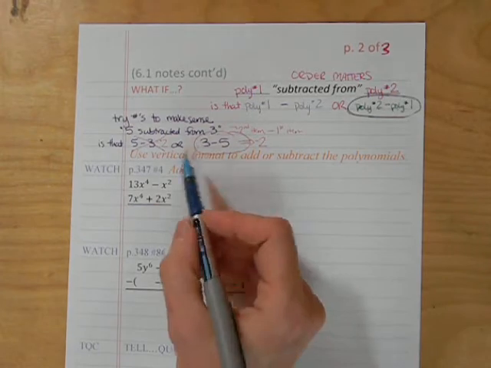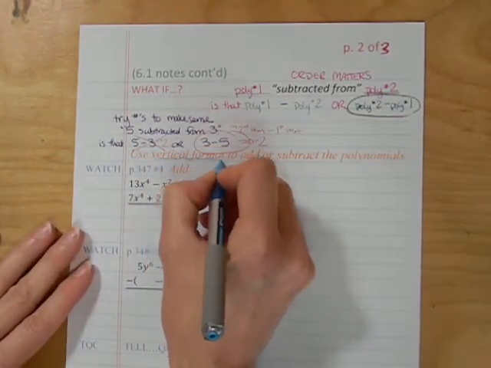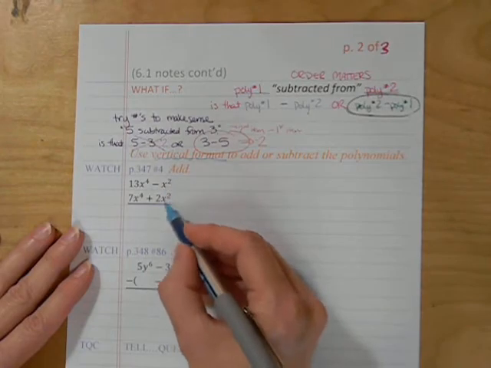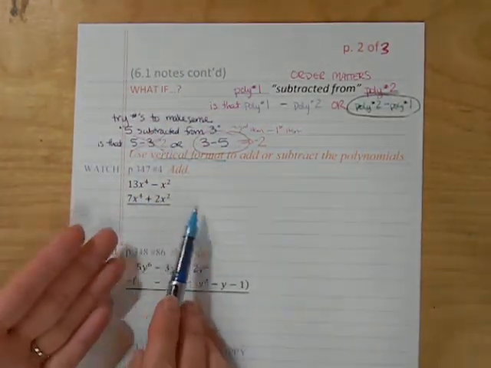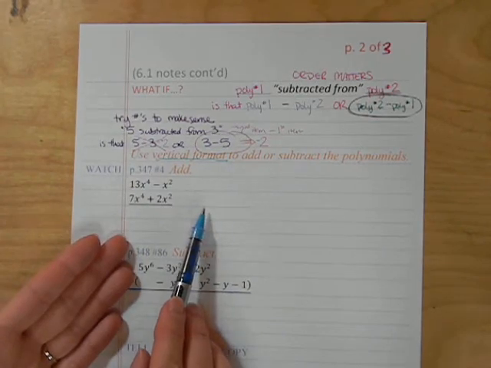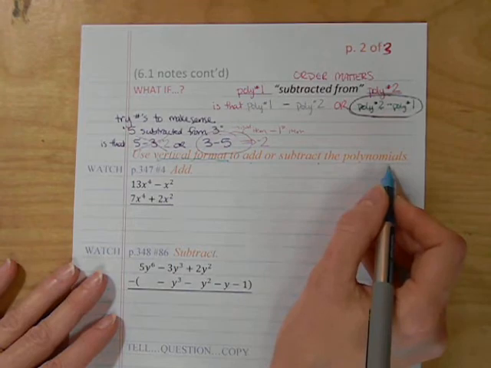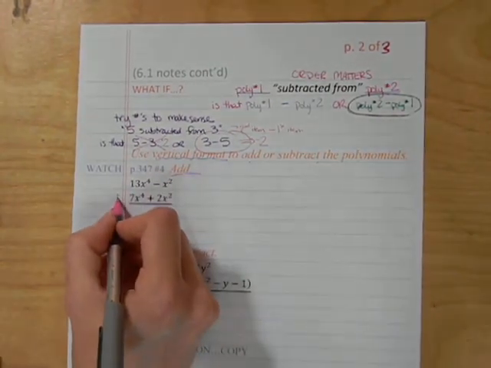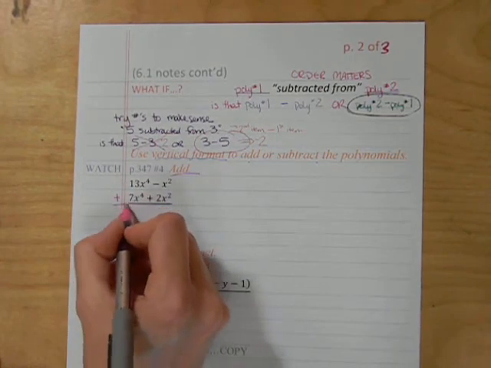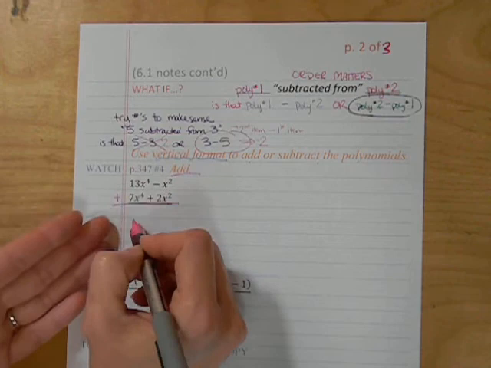Next set of examples say to use the vertical format to add or subtract the polynomials. Vertical format means they're just writing one polynomial on top of the other so that things are lined up. Very similar to the addition method when we were solving systems in chapter 5. And we'll either be adding or subtracting the polynomials. So in this case, we're going to be adding, which is like writing a big plus sign out here, and then looking, the vertical format has the like terms already lined up.